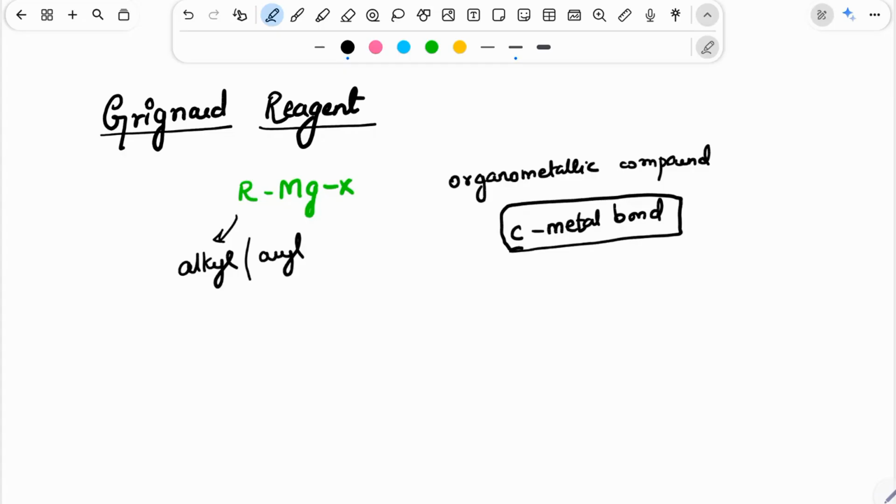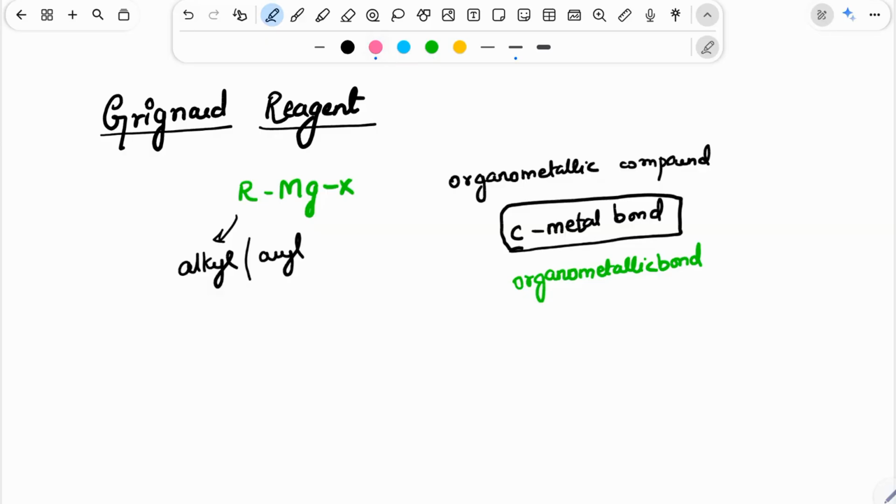Here the R group contains carbon which is directly attached to the magnesium. Such bonds are called organometallic bonds, and the compound which has this kind of bond is called an organometallic compound. So the carbon directly attached to the metal, that kind of covalent bond, is called an organometallic bond.